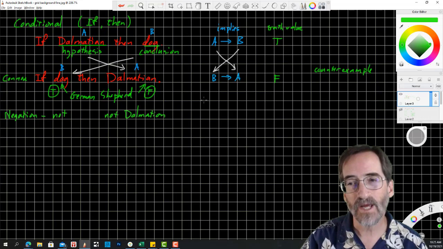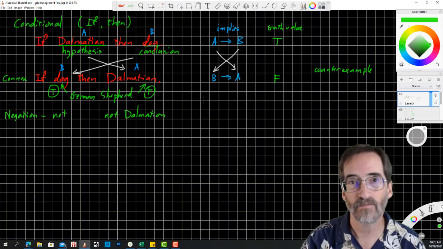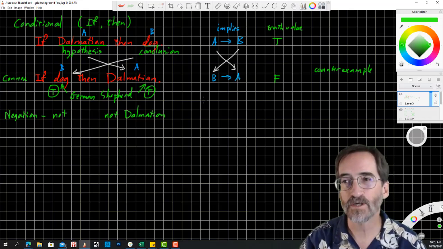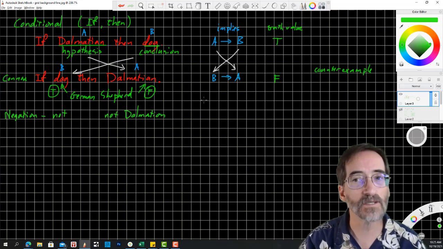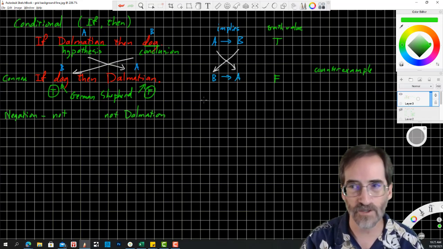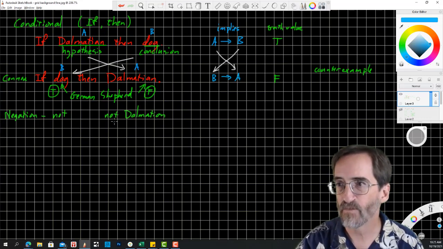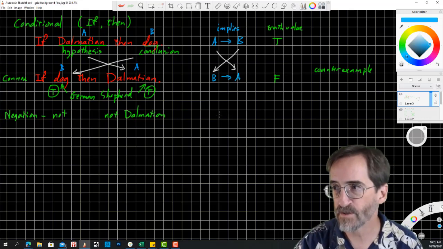Note that negation does not mean opposite. So the negation of dog is not cat. The negation of dog is not rock. The negation of dog is anything that's not a dog. All things that are not a dog. And the symbol for that, the symbol for not Dalmatian, is the tilde sign, ~A.